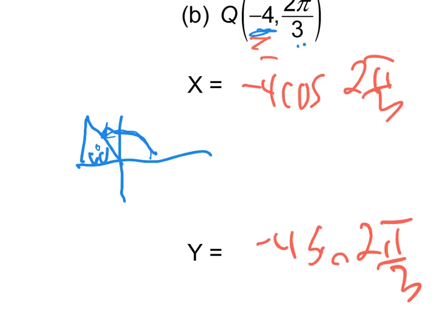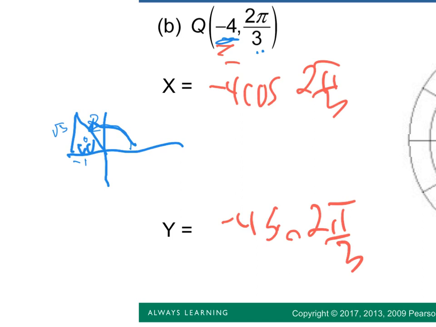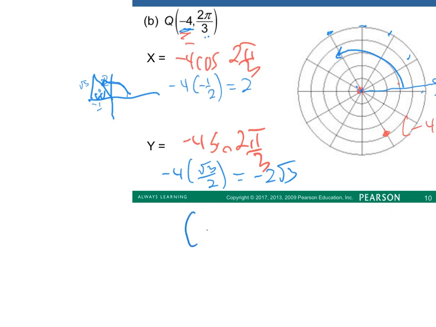So if that was 60, then this is a -1, and this was a square root of 3, and this was my 2, as always. To do the cosine of this, the adjacent over hypotenuse, so it has to be -4 times a -0.5, gives me a +2. To do this -4 sine of 2 pi over 3, that's going to be -4 times the square root of 3 over 2, which gives me a -2 square roots of 3. Ordered pair, 2 comma -2 square roots of 3.